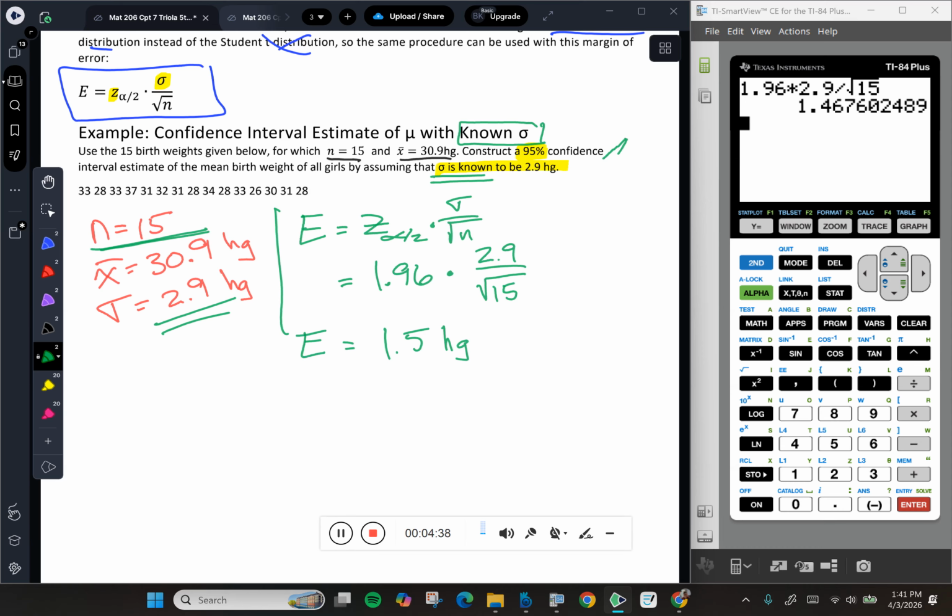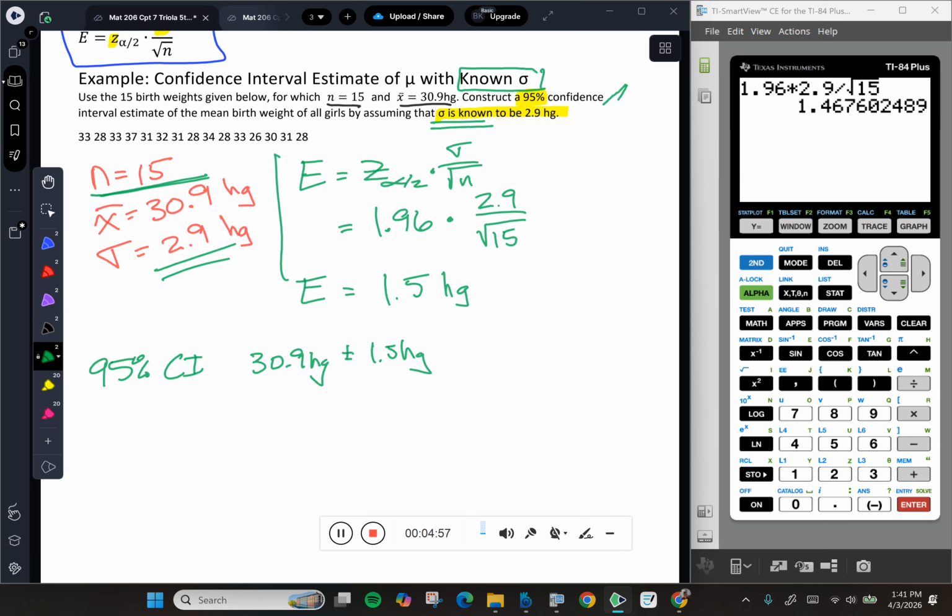So then I could say that my 95% confidence interval is 30.9 hg's plus or minus 1.5 hg's.